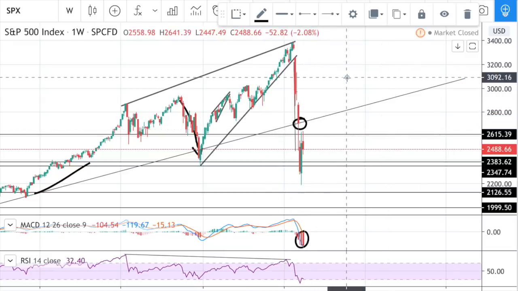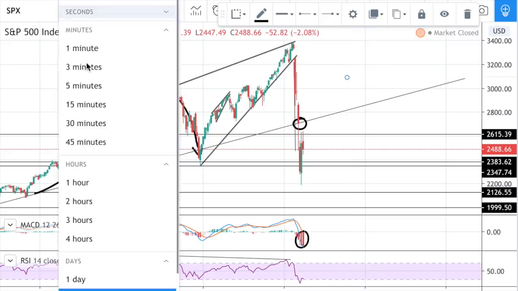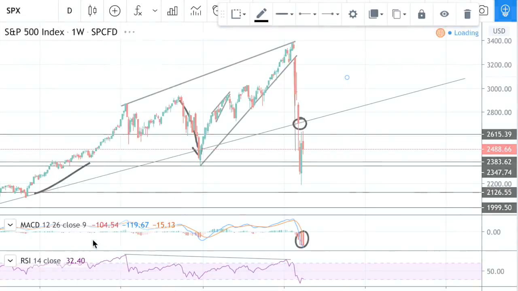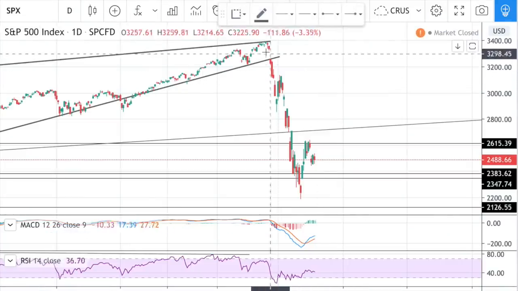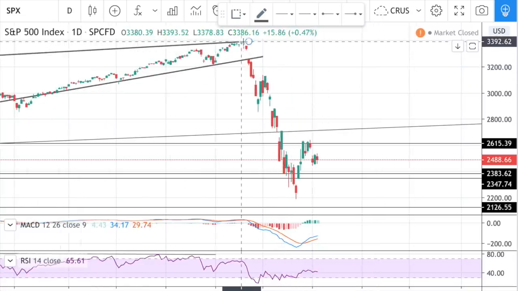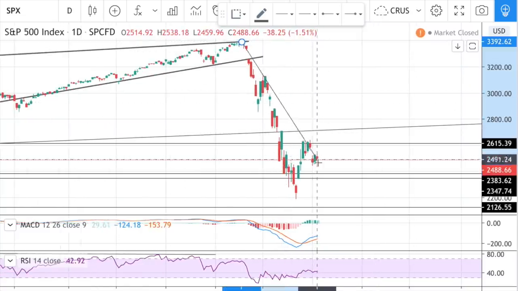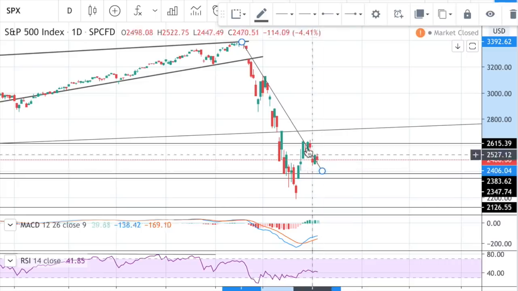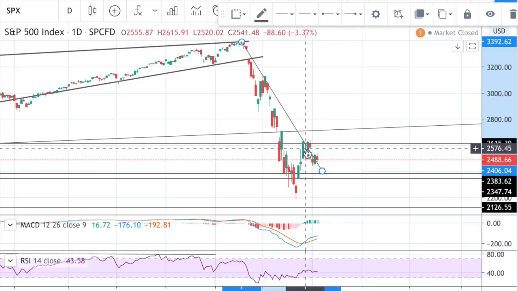Now we're going to jump onto the daily chart, and we're going to see what's going to be happening in the shorter term. So on the daily chart, we first need to place our downtrend line. Initially, we had our downtrend line like this. We had two reactions here along this downtrend line.